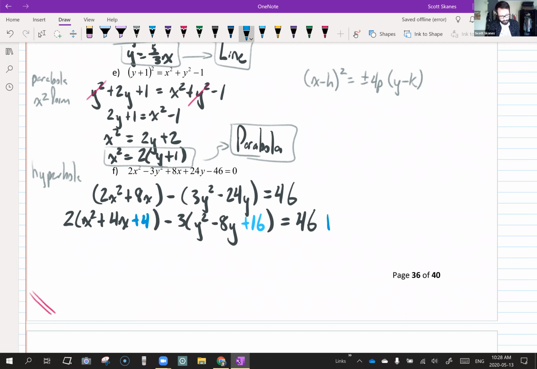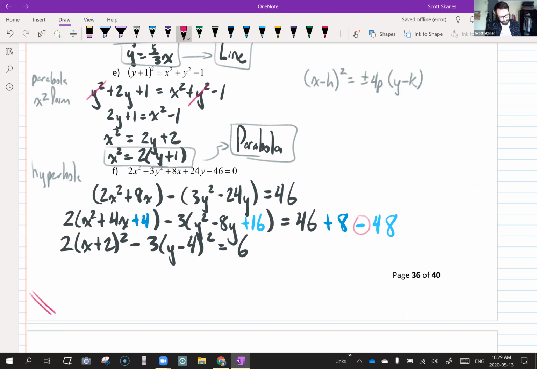On this side, I would have +8. For this one, I would have -48. So make sure you understand where that minus comes from. You can take a look. This is x + 2 all squared, -3, y - 4 all squared equals 6. Divide both sides by 6.